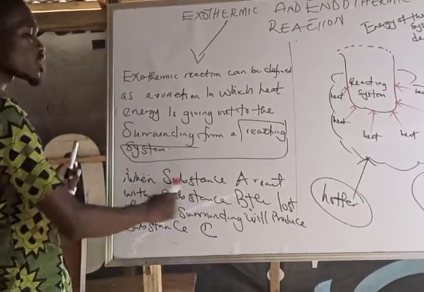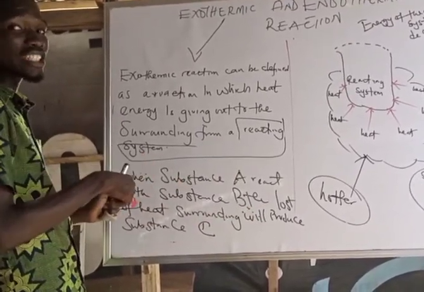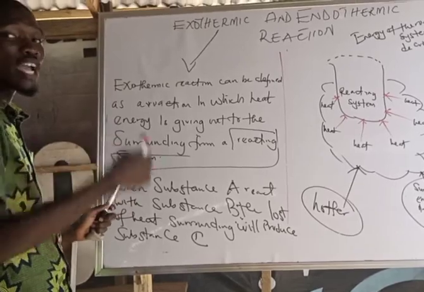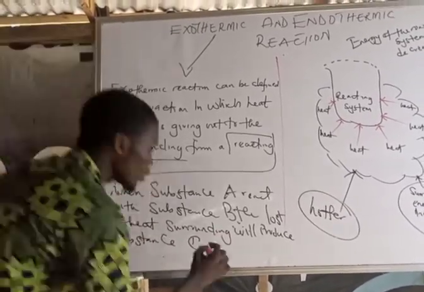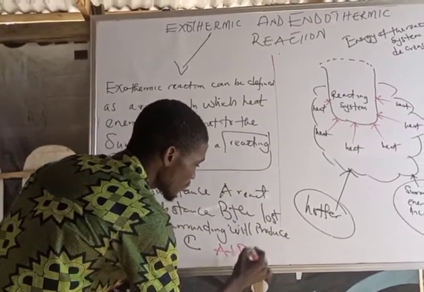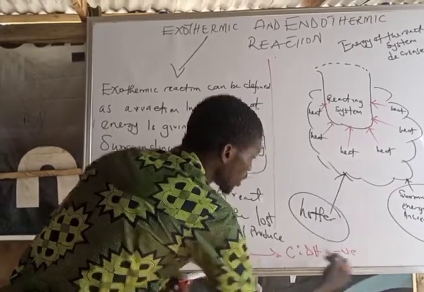When substance A reacts with substance B, there will be loss of energy or loss of heat, which will produce what we call substance C. And with that, we can have A plus B giving C. So the heat energy change will be negative.